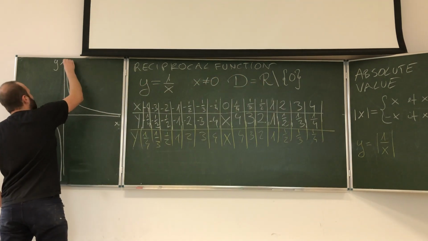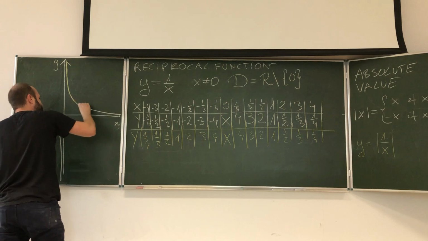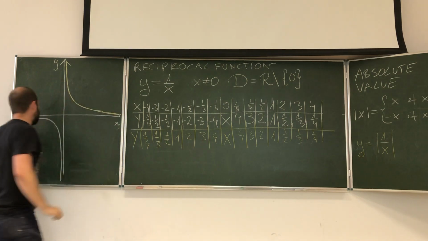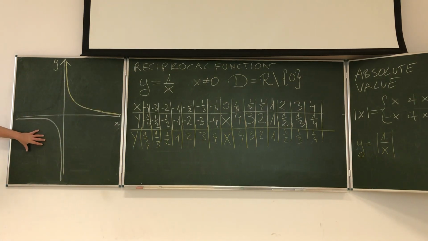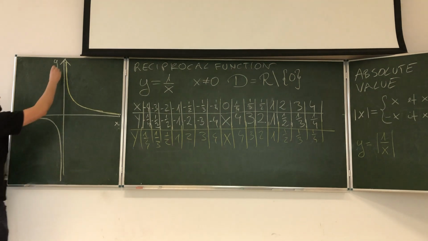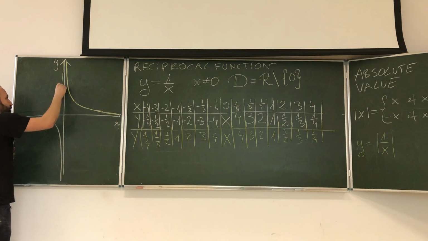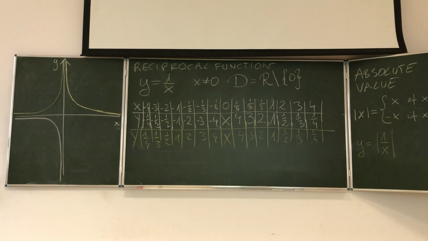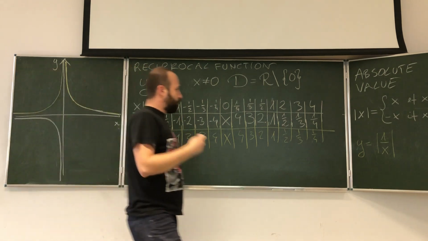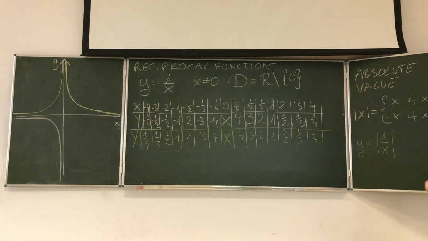So we can color over it because this part is not changing. But all the negative numbers are becoming positive. So the new function looks like that. Okay. So this transformation wasn't that much problematic.